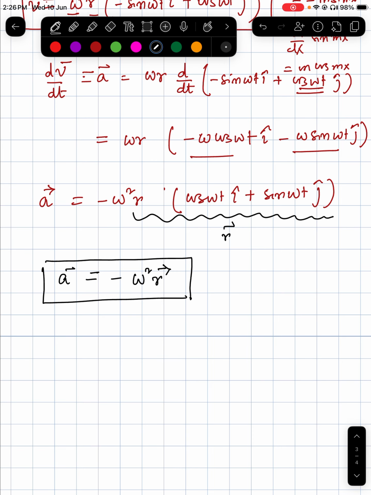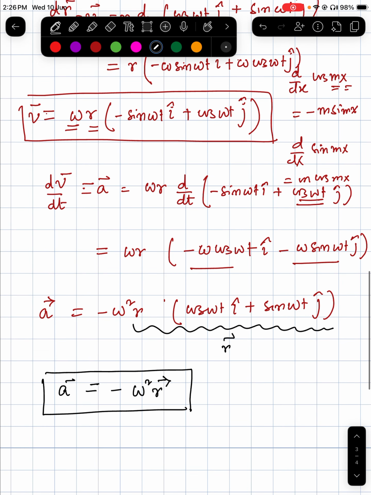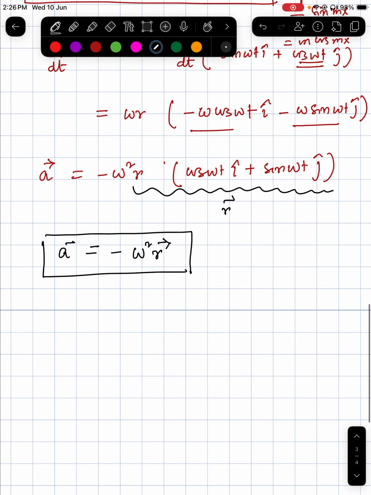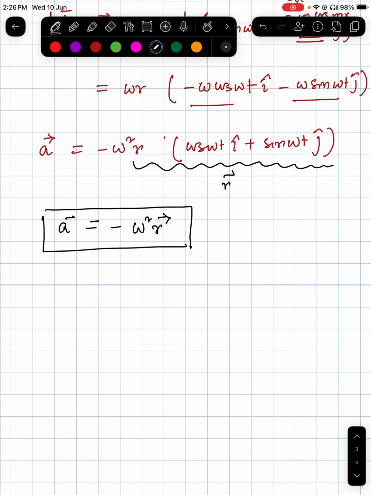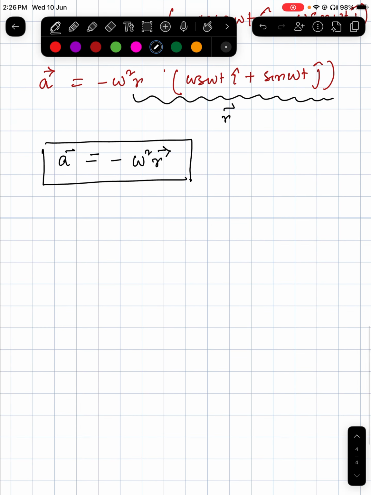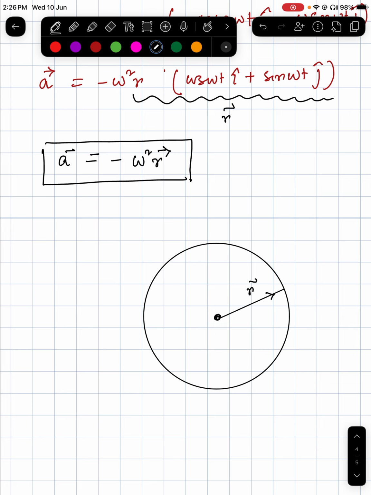So this is the acceleration of the particle. We have almost done. We have found the acceleration and the velocity of the particle. So let us analyze this from the picture. What is going on really? When a particle is moving in a circular path, and this is the position vector, its acceleration, for uniform circular motion, which is what we are considering here, contains a negative sign and is the negative of the r vector.